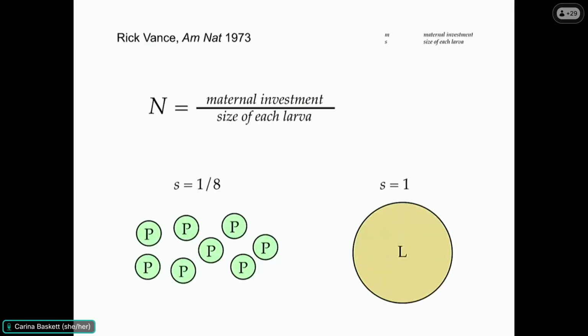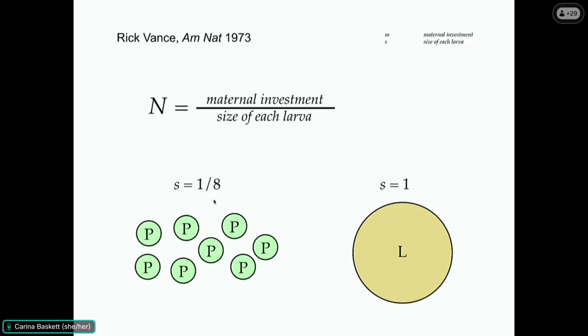We can start our simple model by assuming that mothers in this system have a quantity of resources that they can invest in offspring. If we measure the size of each larva in units where 1 is the amount of material necessary to make a lecithotroph that can skip the planktonic phase, then a planktotroph has a size that is smaller than that in some way.